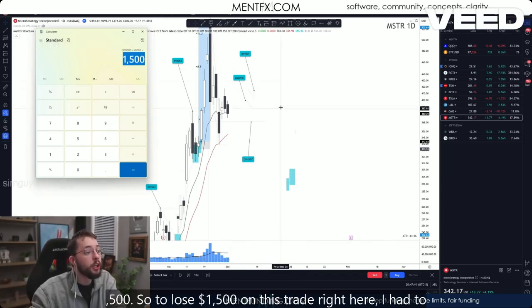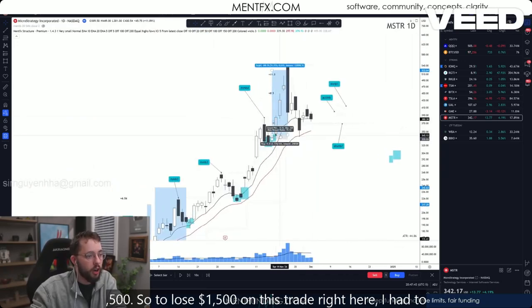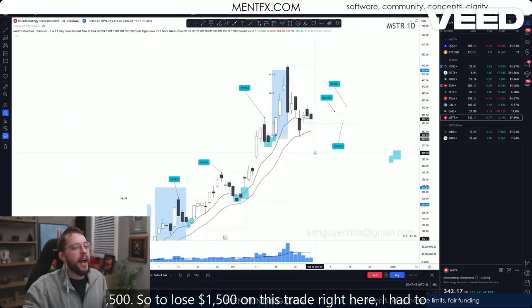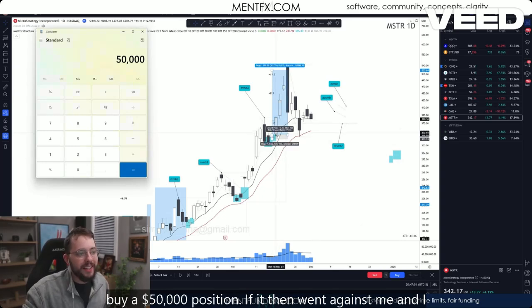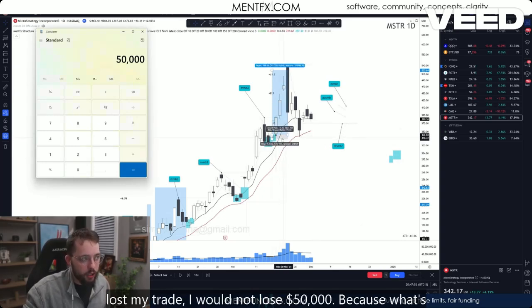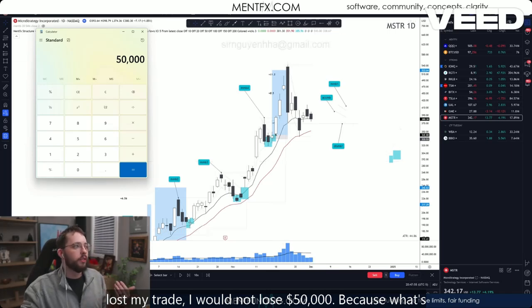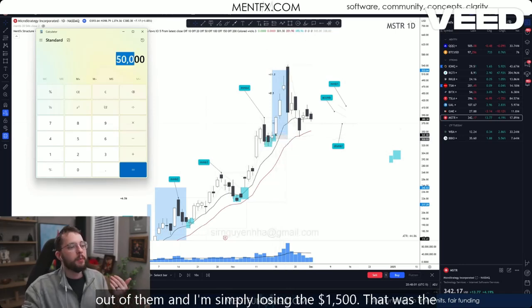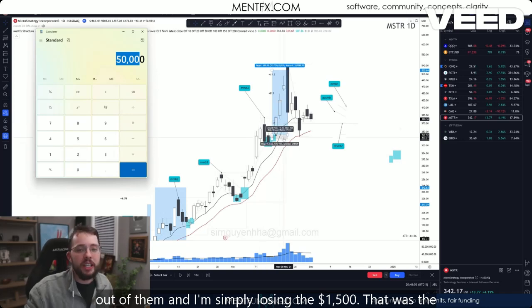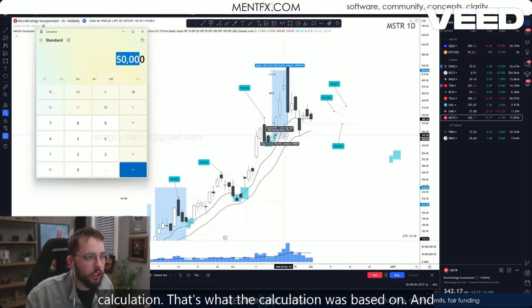So to lose $1,500 on this trade right here, I had to buy a $50,000 position. If it then went against me and I lost my trade, I would not lose 50,000, because what's happening is I'm buying back the shares because I'm getting out of them, and I'm simply losing the $1,500.